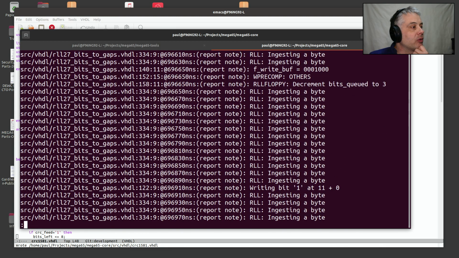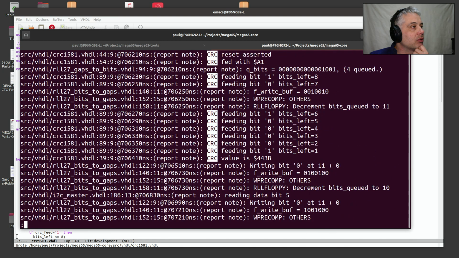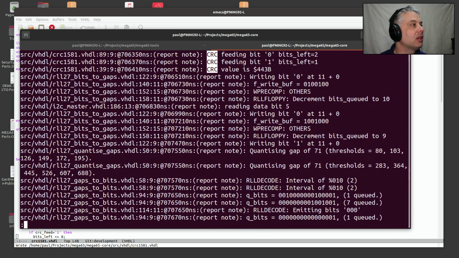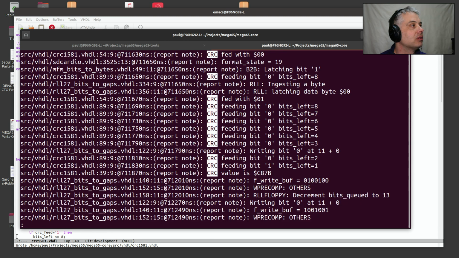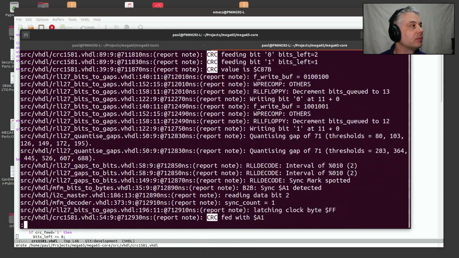And then reset asserted. Now, what might be happening here is that there are probably 2 CRC generators, for MFM and for RLL encoding. So the fact that it's resetting here might be actually a furphy, but on the other hand it may not be.